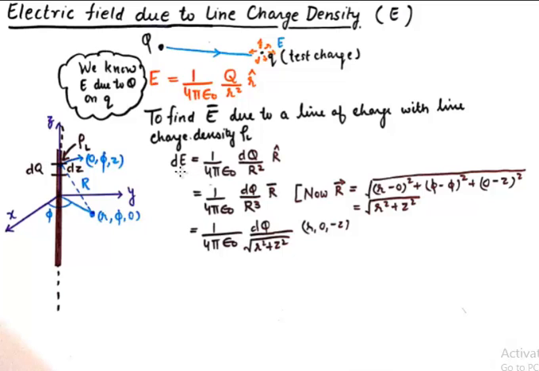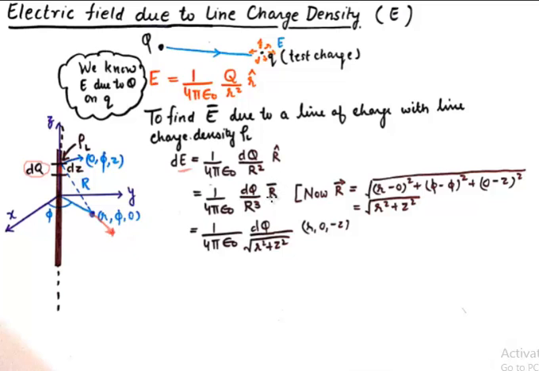So that will be dE, because this is because of dq charge. In this small differential length the charge will be dq, and that will exert some electric field intensity at this point, which can be written as 1 upon 4 pi epsilon naught dq, which is the charge, upon r square, and radially. So the actual direction of the force will be here, right?